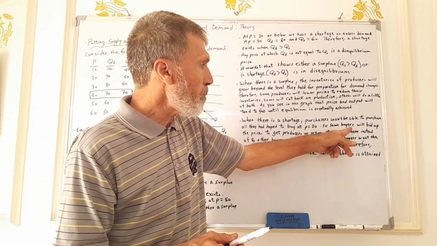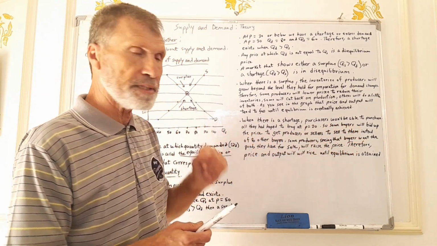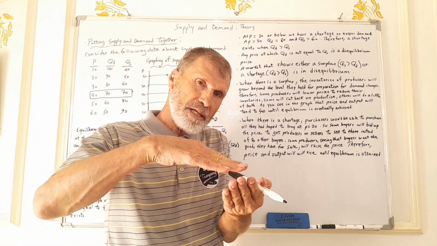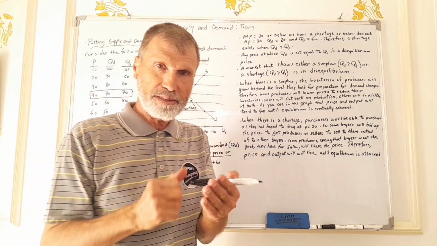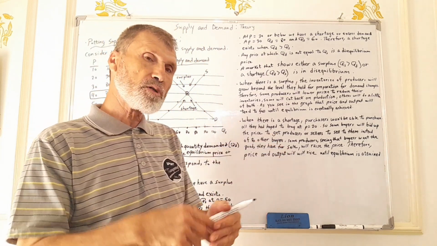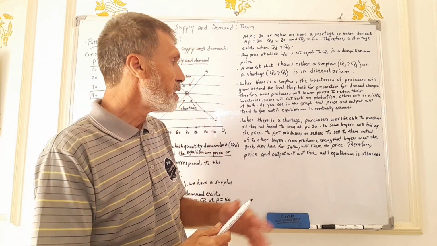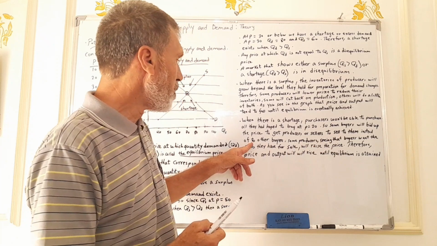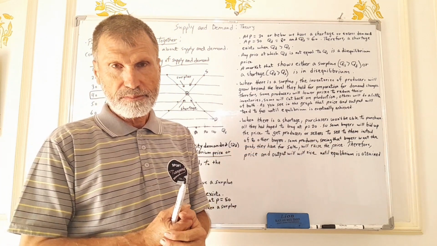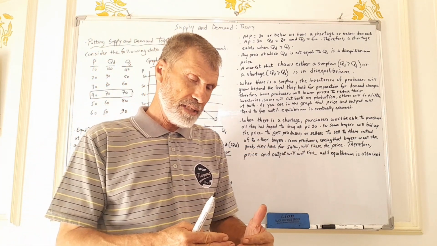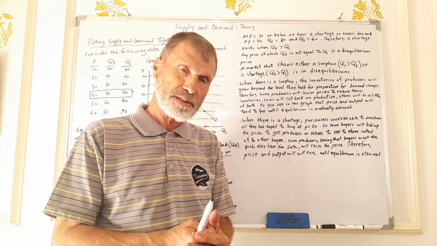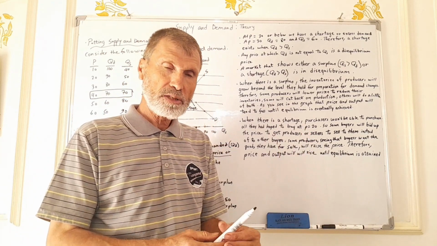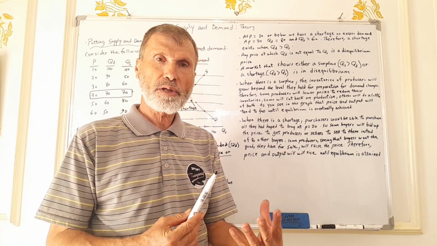Some buyers will bid up the price, that is, attempt to raise the price, to get the producers or sellers to sell to them instead of to other buyers. They offer higher prices so that they can get the products.